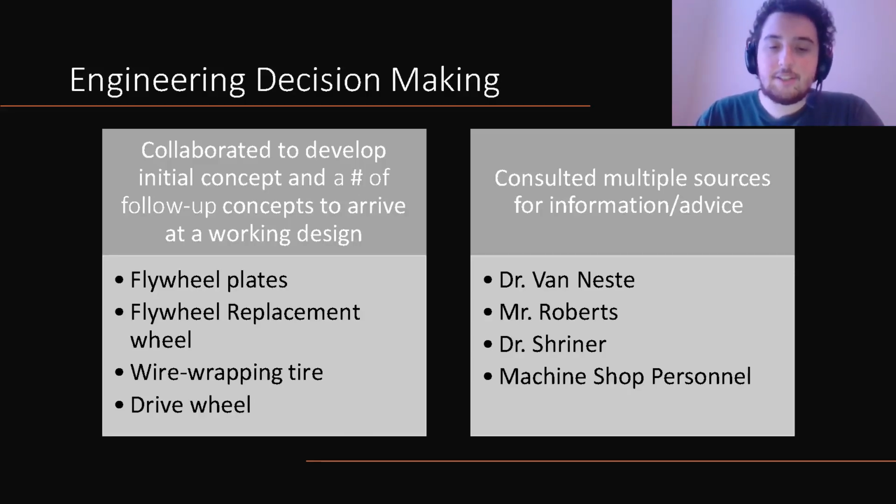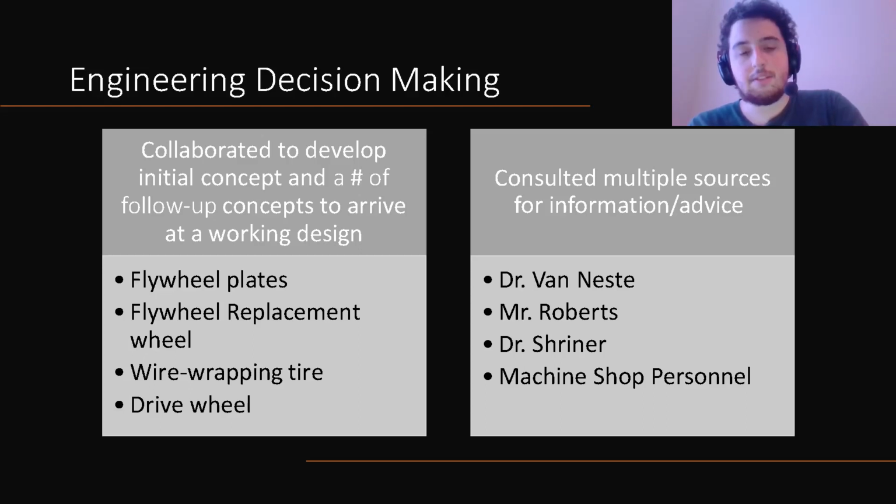So looking at engineering decision making, I think this process was most evident in designing our resistance system, namely our flywheel in the resistance system. Our original idea underwent numerous changes before we finally arrived at a design that would work.